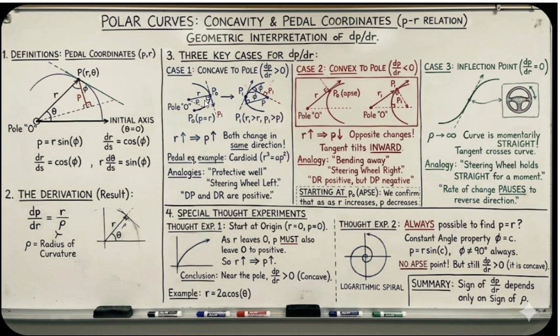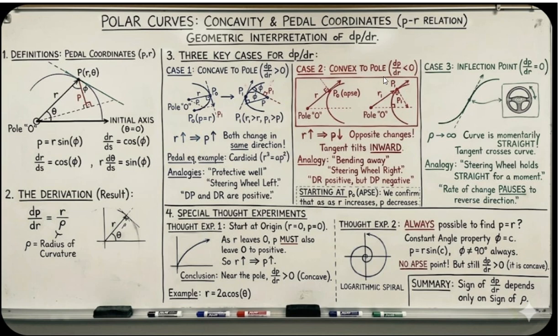If you move the point p here, the radius vector length is going to decrease, and similarly the perpendicular length also decreases. But as we move from the point here, r and p are going to increase in the same way. That's why it's the case. Therefore dp by dr is greater than 0 in the case of a curve concave to the pole.